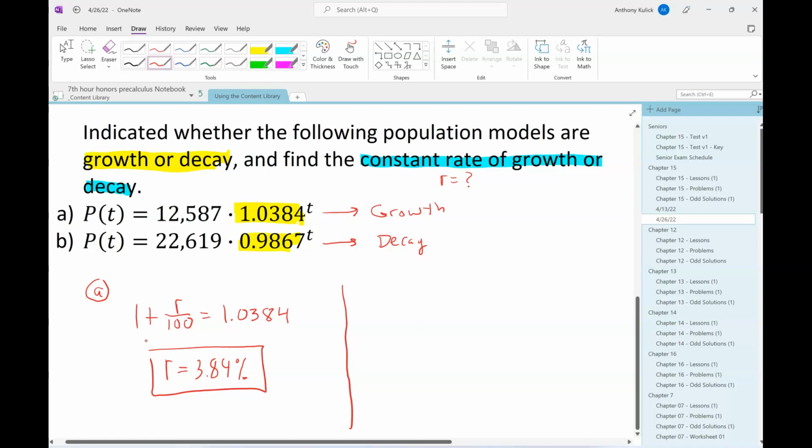And I get r is 3.84%. That feel good to you guys? For part B, I can do the same thing. Here, when I subtract 1 and multiply by 100, I get that r is negative 1.33%.